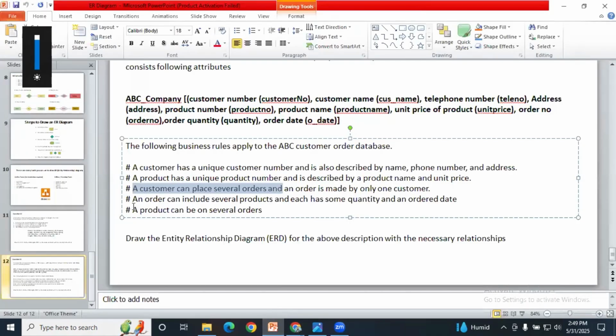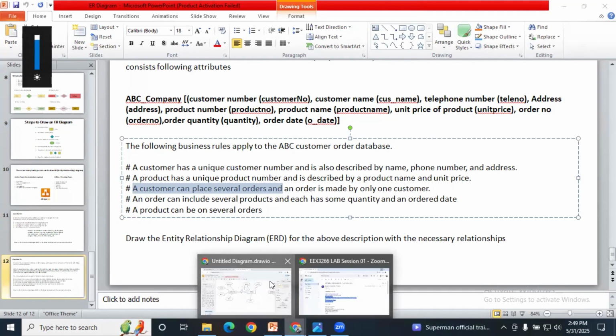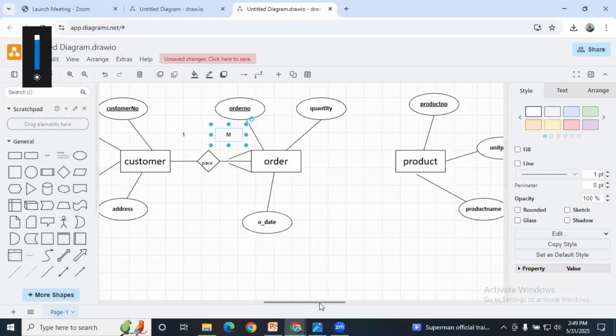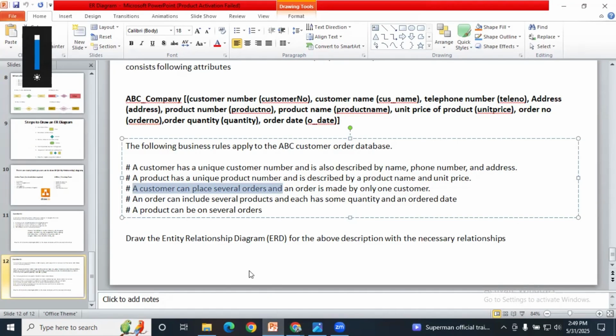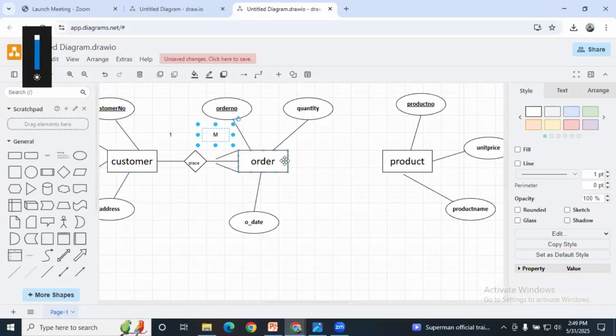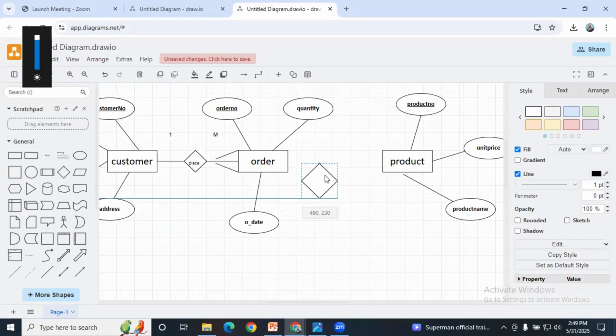So in the next line, they are saying an order can include several products. The order is an entity. This one is an order. Order includes several products, so you want to get the diamond shape in here.